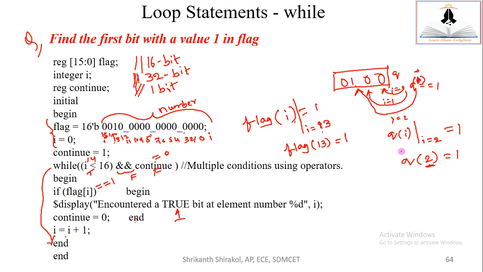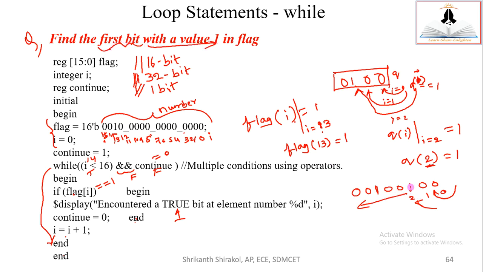If you have something like 0 0 1 0 0 1 0 0, and I ask you to find the first bit with value 1: I equal to 0, it is this; I equal to 1; I equal to 2. At I equal to 2 itself, your first bit comes as 1, so there is no need to proceed further. There is one more 1, but I am not interested in it because we have been asked to only find the first bit with value 1.